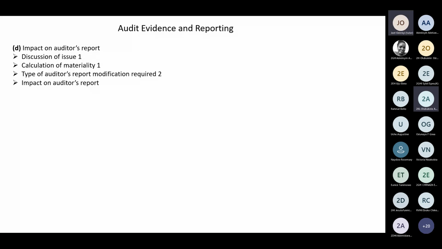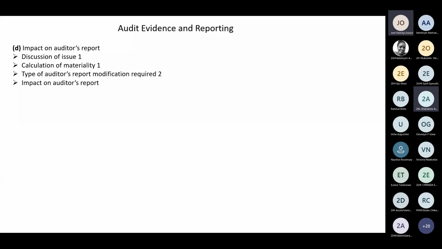And the key thing to always remember, which I always have to keep telling students, is that you only use MURG under one circumstance, which is when there is a material uncertainty related to going concern, and this has been properly disclosed in the financial statement, and the use of going concern assumption is appropriate.